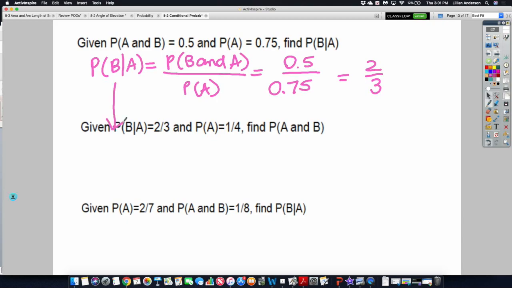What is that? 2/3 equals, or you do 0.25, you can do 1/4, either one. How do you solve this? Well, multiply by 1/4 because you're trying to get rid of the denominator. That turns into what? 1/6.